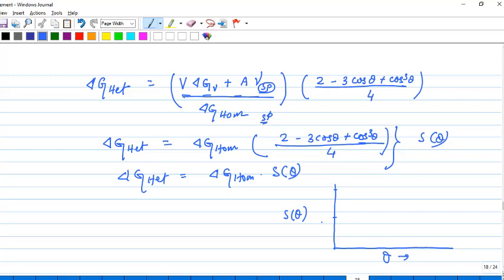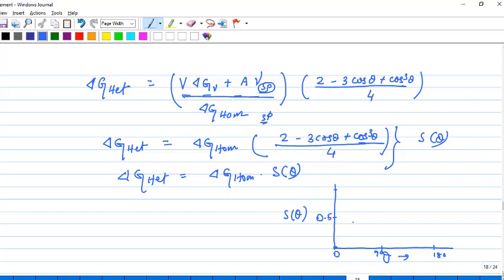so here you can see when theta is equal to 0, S theta is also 0, right? So you have a point over here. And when theta is equal to 90 degrees, you can see that it is equal to 0.5.